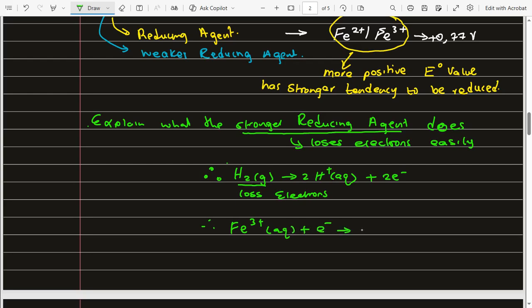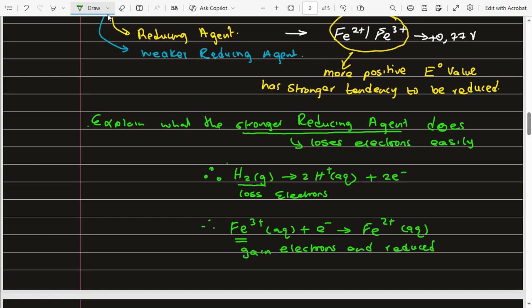It will gain that electron and become Fe2 plus in aqueous solution. So this Fe3 plus is going to gain electrons, and it will be reduced.